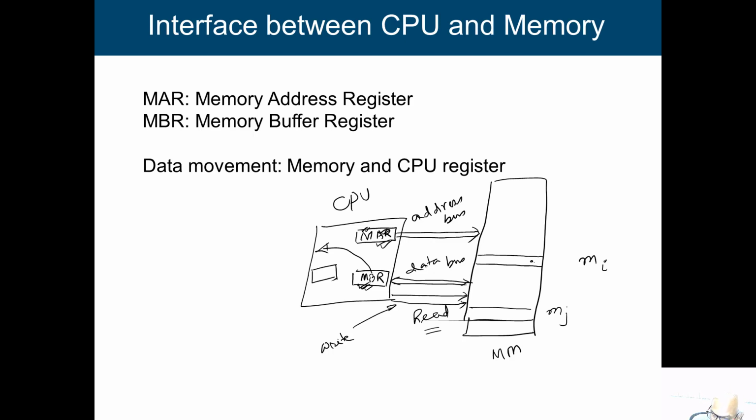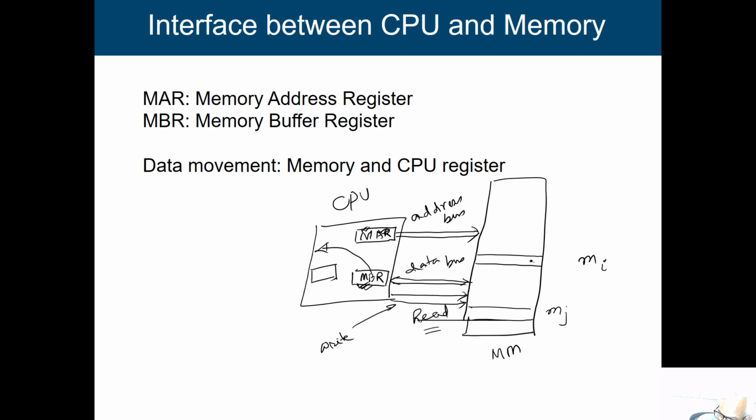Now, you just see that I want to keep this information in some other memory location, say MJ. What will happen? We will keep the address of this memory location MJ in MAR. Now, the data we are going to store in this memory location, we will keep in the MBR. Then the processor will give another control signal, which is write.